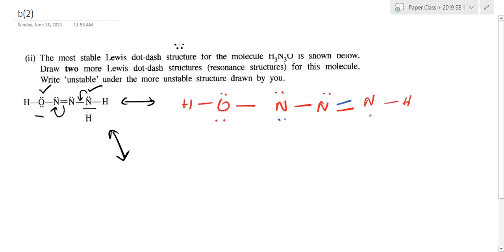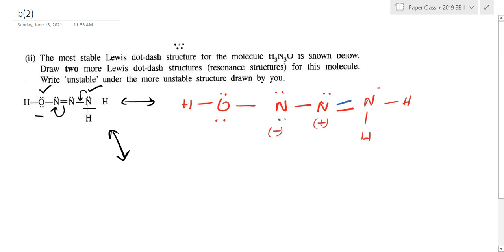Hydrogen and hydrogen. Then you have to put the plus and minus as I have mentioned. Here, these 2 electrons have been given by this nitrogen to this nitrogen. Therefore this should be plus, and this should be minus. Then here, this lone pair is given by this nitrogen to this nitrogen.